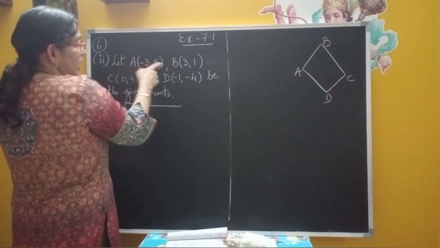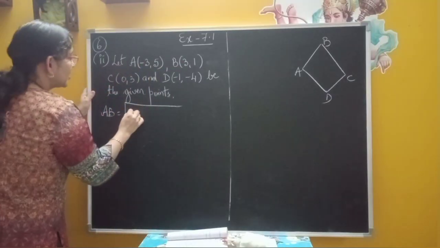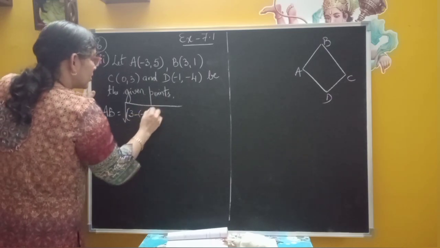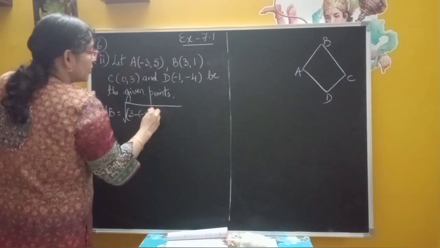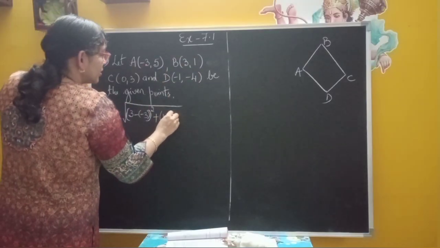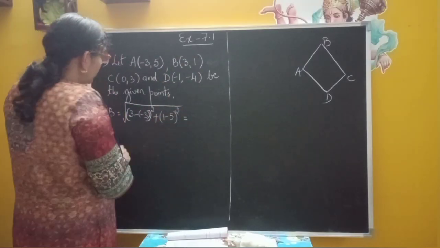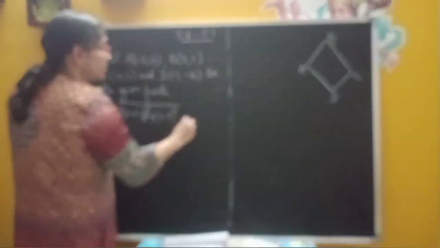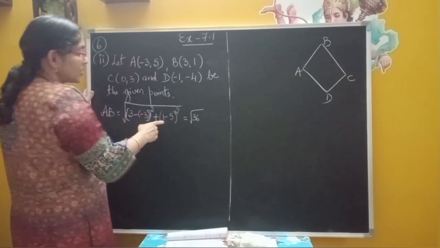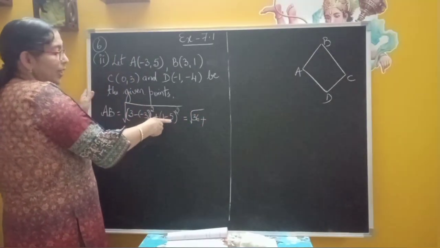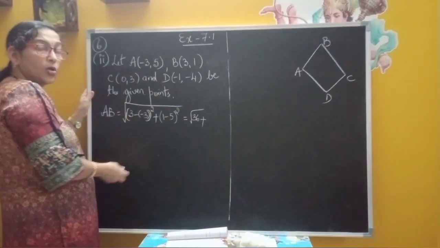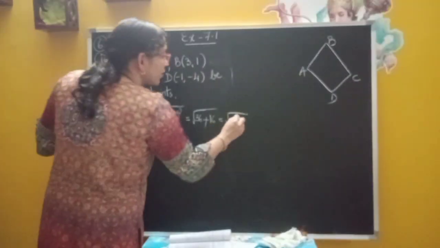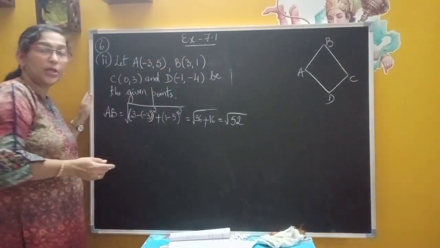So let us take the points A and B. 3 minus of minus 3 whole square plus 1 minus 5 whole square. 3 minus of minus 3 is plus 3, 3 plus 3 is 6. 6 square is 36. Plus, 1 minus 5 is minus 4, minus 4 square is 16. So root of 36 plus 16 is root 52. This is root 52 units.